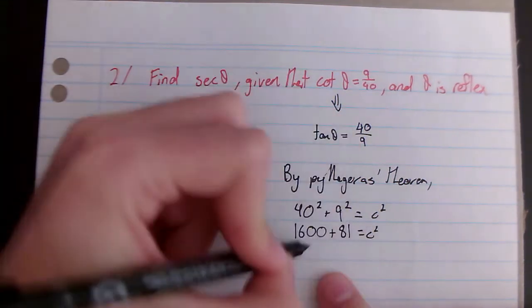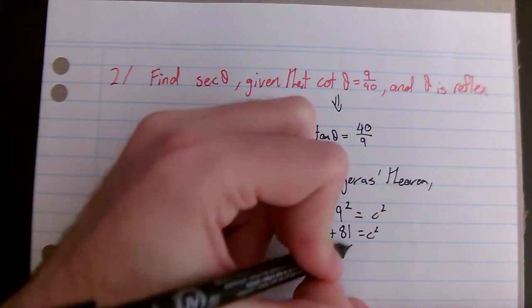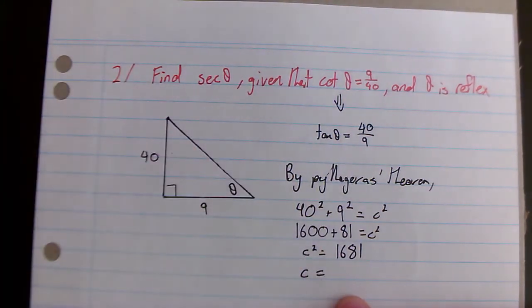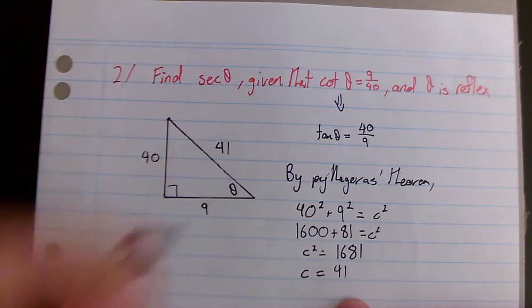So c squared is equal to 1600 plus 81, which is 1681. Basically c is the square root of this, and that's going to be equal to 41. So we fill that in there.